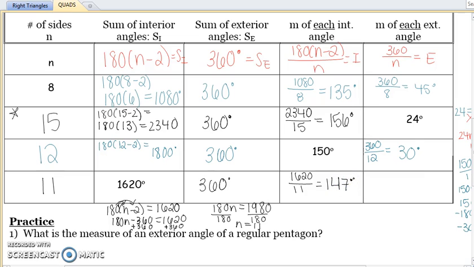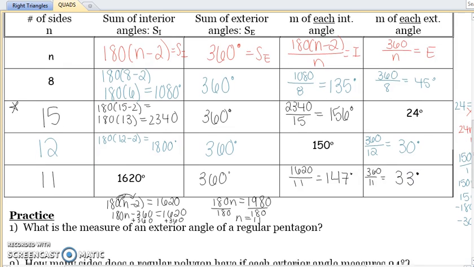And I'm just rounding to the nearest whole number. Then we do 360 and divide it by 11. 360 divided by 11, and that is 32 degrees. Oh, actually, we have to round that up. Sorry, it was 32.7, so this should be 33. Okay, and that's what we'll do for those charts.